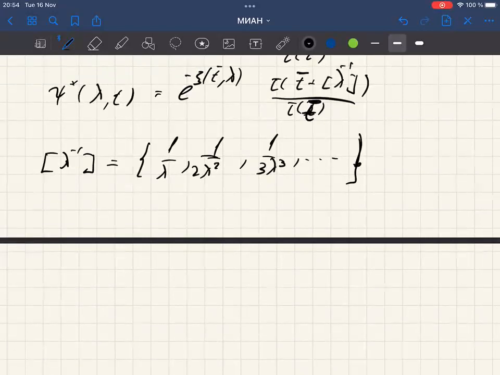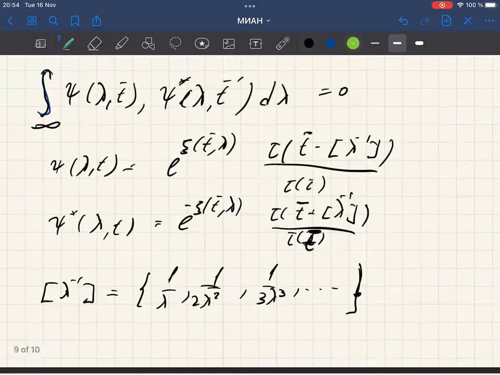So it is this infinite shift of times. Probably, I don't know, should I prove it or should I not? Okay, let me prove some of it.